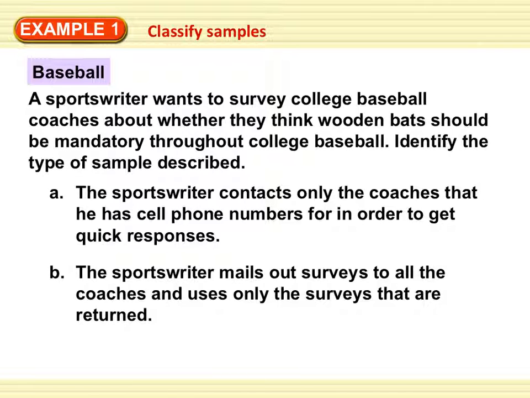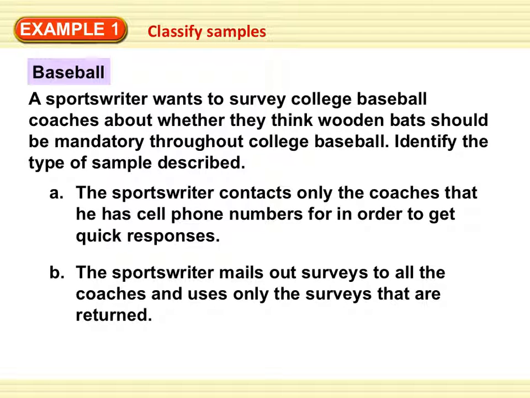A sports writer wants to survey college basketball coaches about whether they think wooden bats should be mandatory throughout college baseball. Identify the type of sample described. The sports writer contacts only the coaches that he has cell phone numbers for in order to get quick responses.